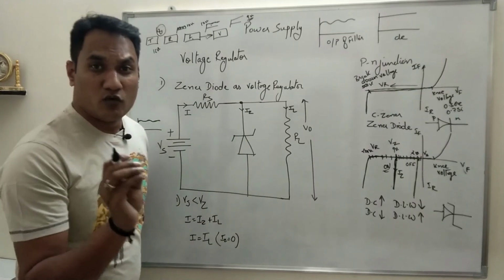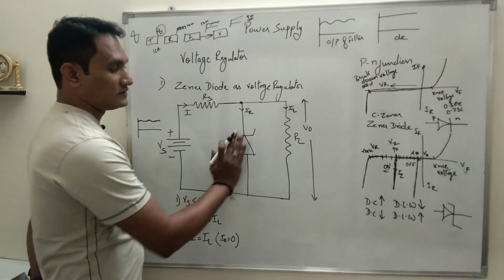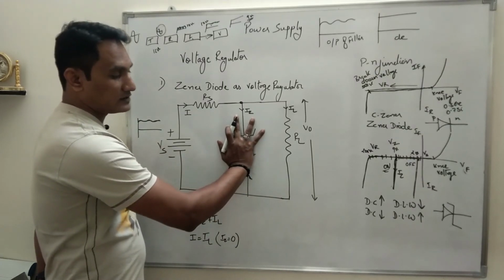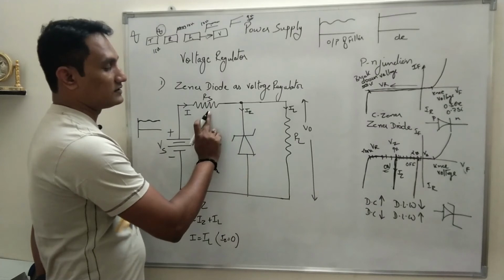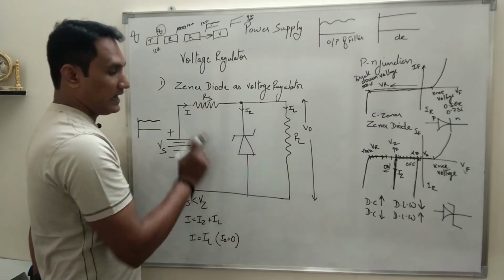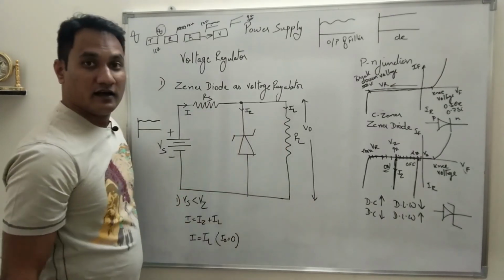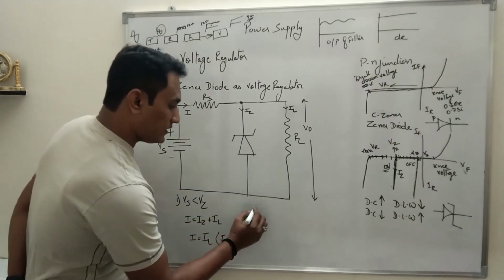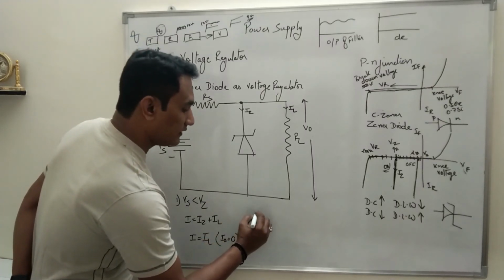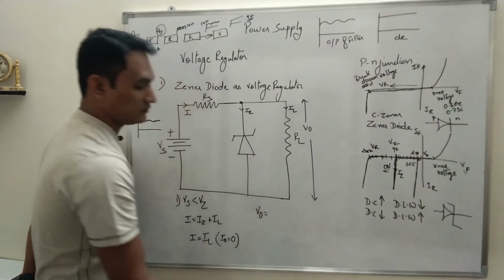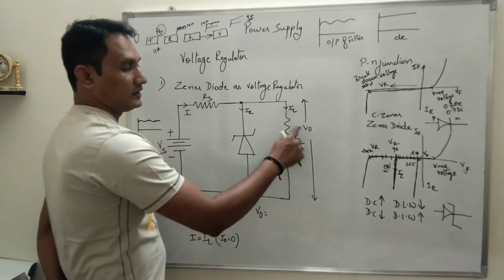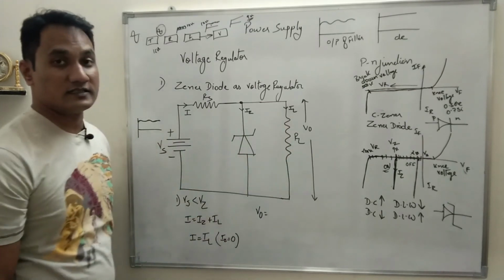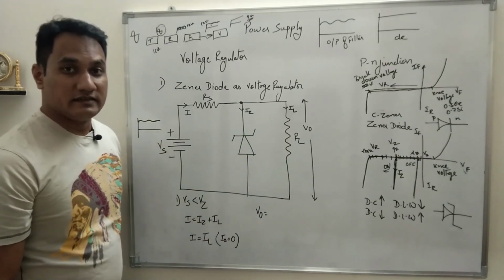Just imagine as if no Zener diode is connected in the circuit. What is left in the circuit? Two resistors, Rs and RL, connected in series, and the same current is flowing through both resistances. So when calculating the output voltage, two resistors connected in series with the same current flowing through them form a voltage divider arrangement.